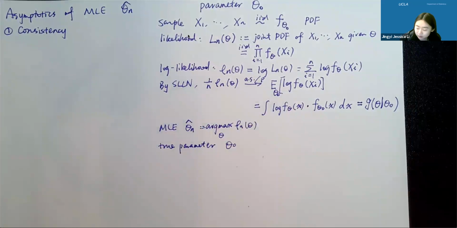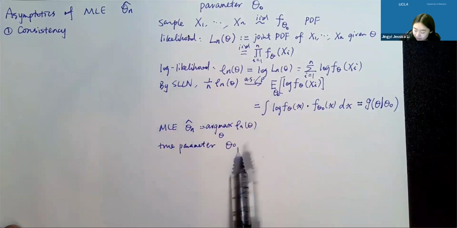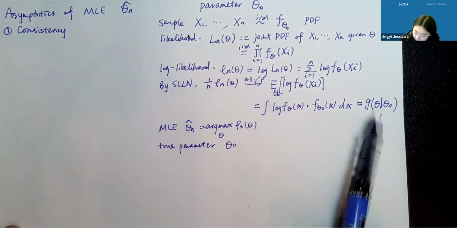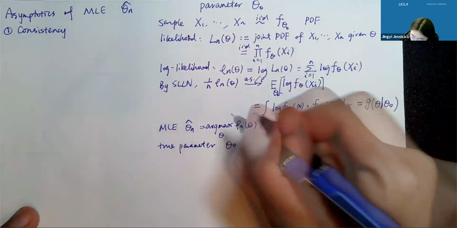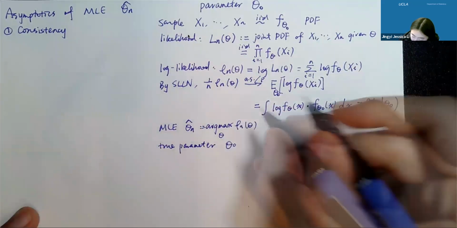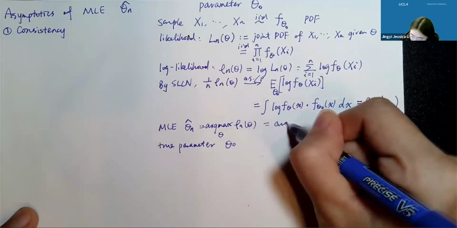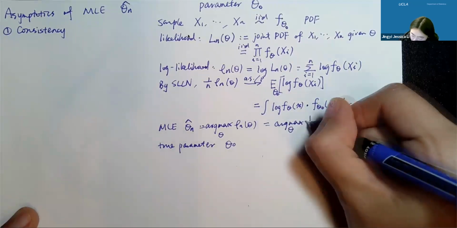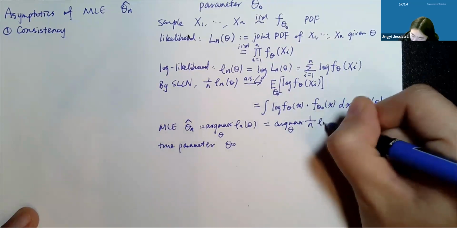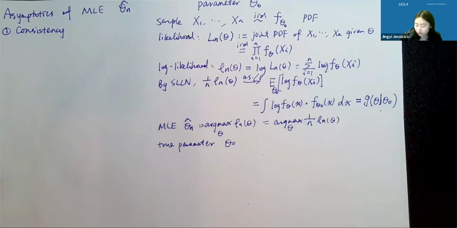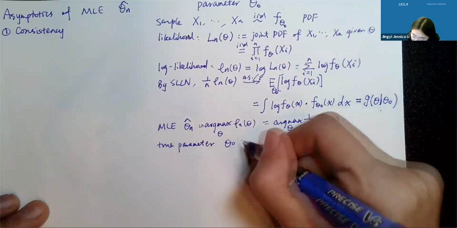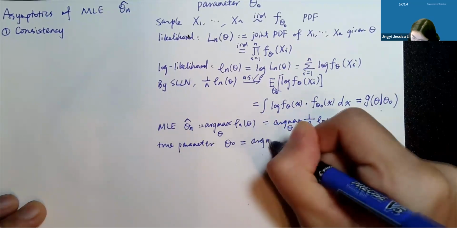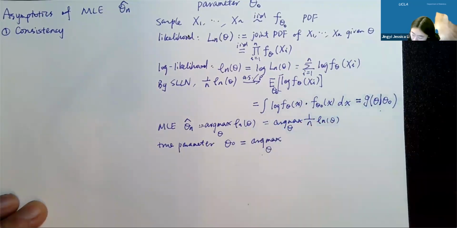And what does it maximize? I'll tell you that it actually maximizes this G function. So it's the argmax of this. Then by one simple step, it's also the maximizer of the log likelihood divided by n, since dividing by n doesn't change the maximizer. And for the true parameter, we're going to show that it is actually the maximizer of this G function.